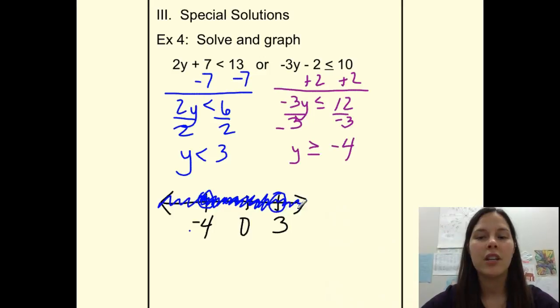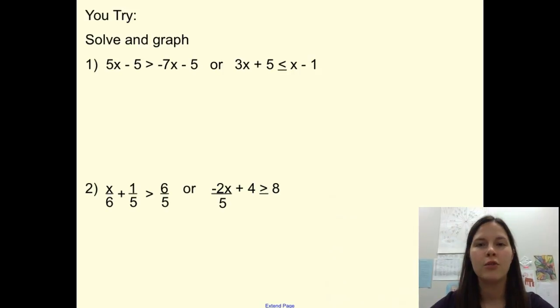Now notice when I shaded to the right, I ended up filling in that open circle because 3 is less than 3 or greater than or equal to negative 4 is true. Remember, for the OR inequalities, only one of them needs to be true to be a solution. So in this case, because my entire number line ended up shaded, my solution is all real numbers. And take a look at your 2U try questions.